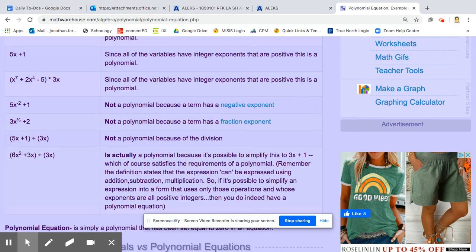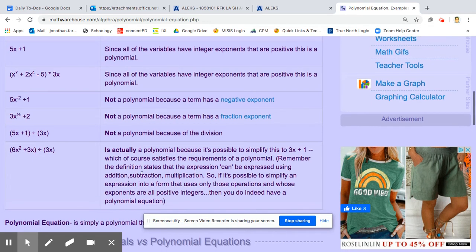And this actually is a polynomial because if you simplify this, when you divide 6x squared by 3x, you get positive 2x. And when you divide 3x by 3x, you get positive 1. So this will simplify, and this should say 2x plus 1. Actually, I should inform this person on the site.